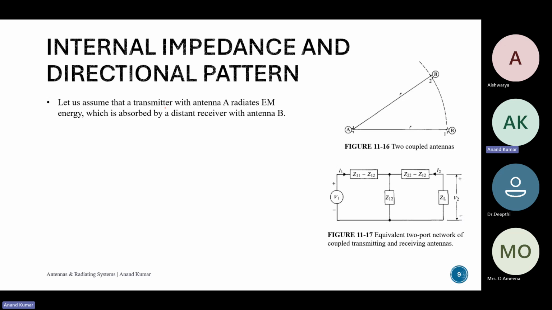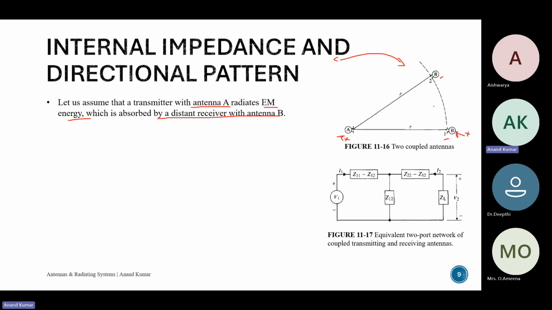Let us assume there's a transmitter antenna A. This is our transmitter, and it radiates some electromagnetic energy which is absorbed by a distant receiver B. This is our receiver, and the receiver could be in different positions. It could be here, or anywhere here.